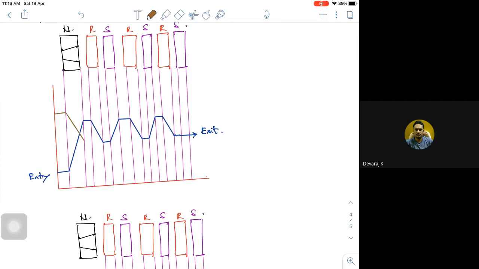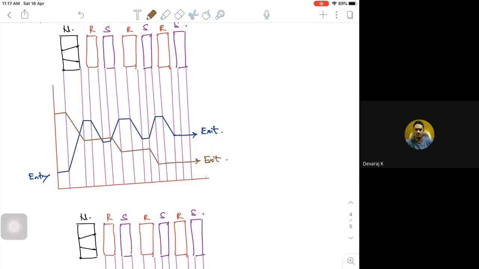Then in the rotor it almost remains the same. Then in the stator it gets reduced by another value. Then it almost remains the same in the rotor. Then it gets reduced in the stator, and it almost remains the same. So this is your exit.